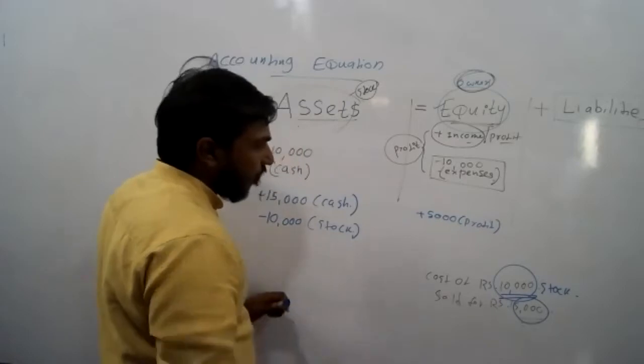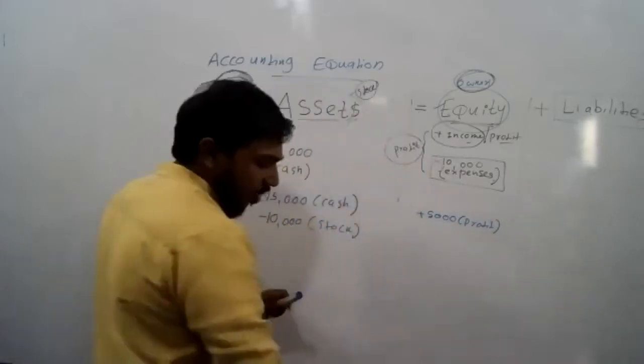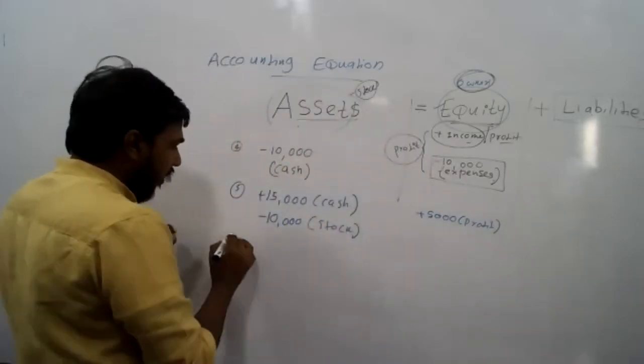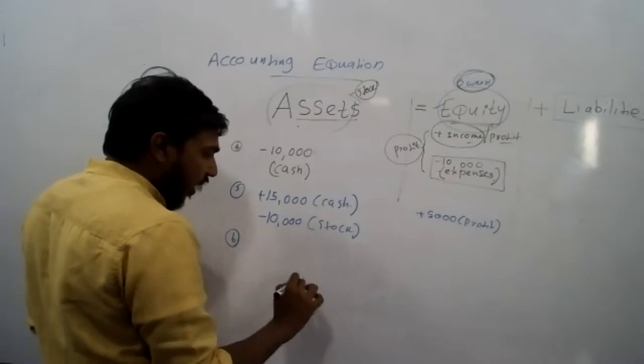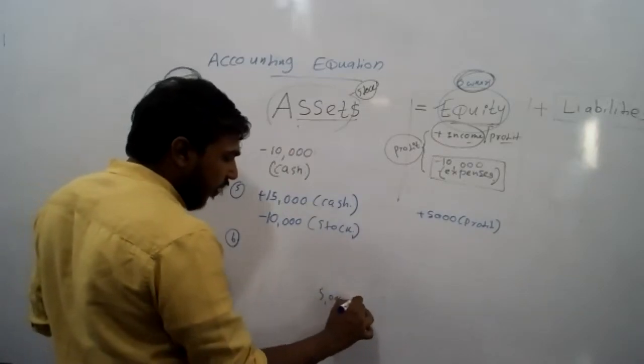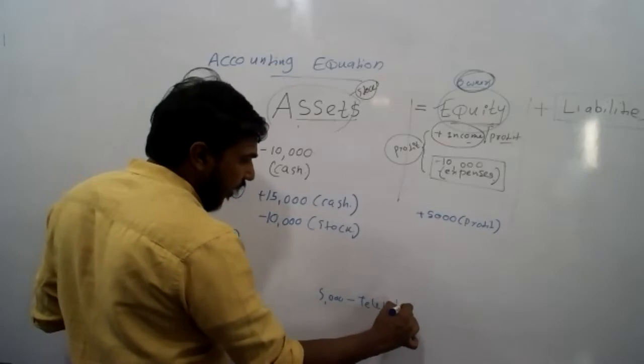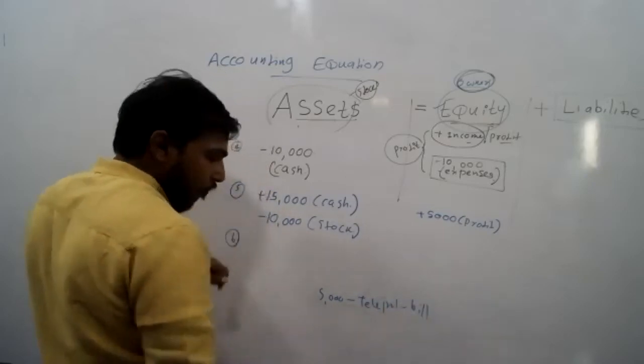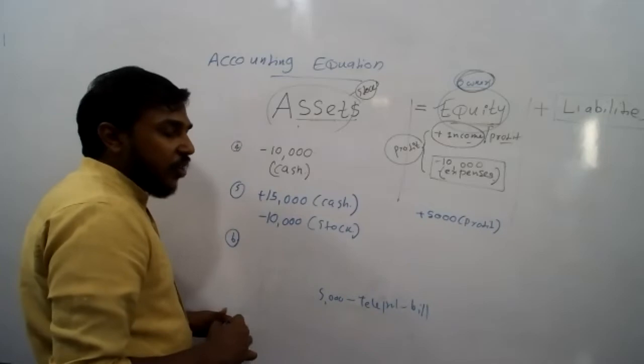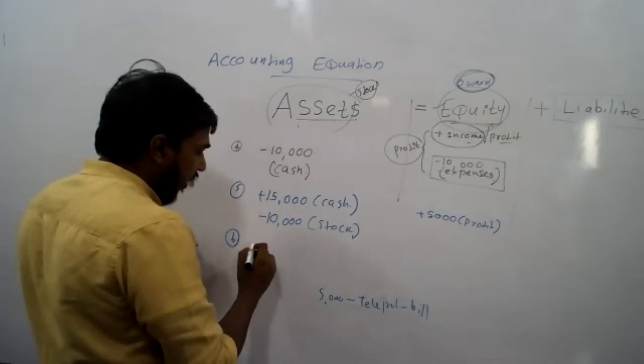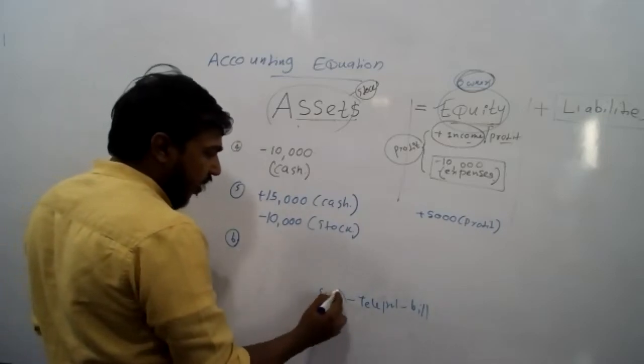Then again we'll take another transaction. We'll say pay telephone bill 5,000. What is the impact for the equation now? See the impact for cash.